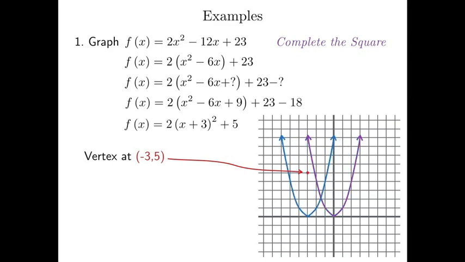Then we have a scaling factor here, so we're going to scale by 2, so that's going to get narrower. And then we need to move up 5. There we go. So that's what f of x equals 2x squared minus 12x plus 23 is going to look like. And it makes sense that our a term is positive, so we're opening upwards.